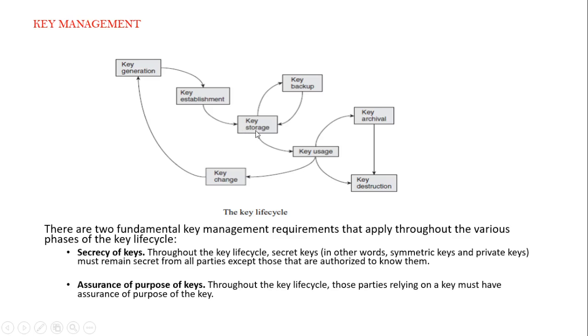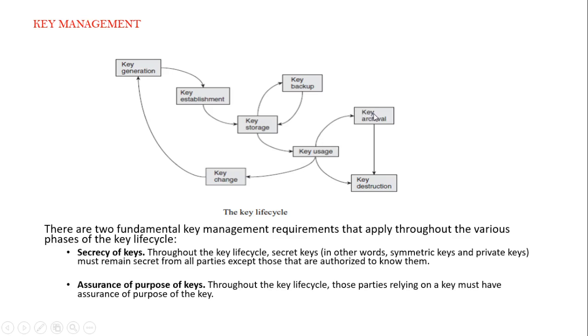After that, we need to store the keys, and at the same time, we need to back up the key. Whenever we lose the keys, we need to retrieve the key from the key backup. Then wherever we need them, we use the keys. That is key usage. Key usage means we need to use keys at the proper optimization level, with the help of key archival.